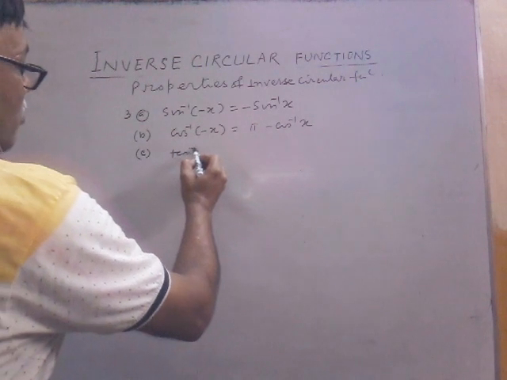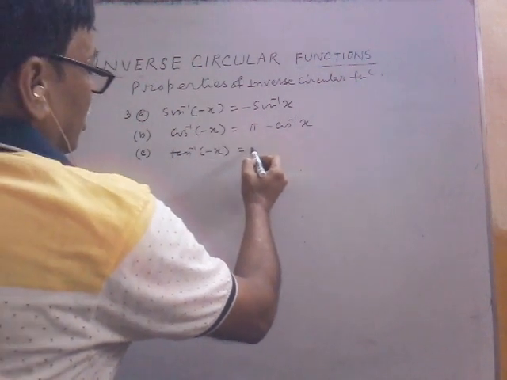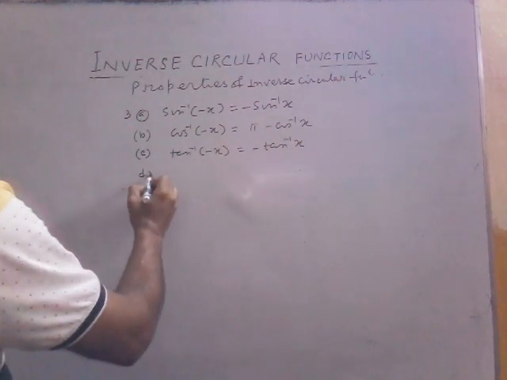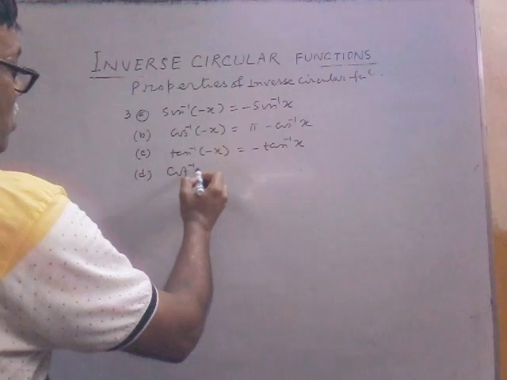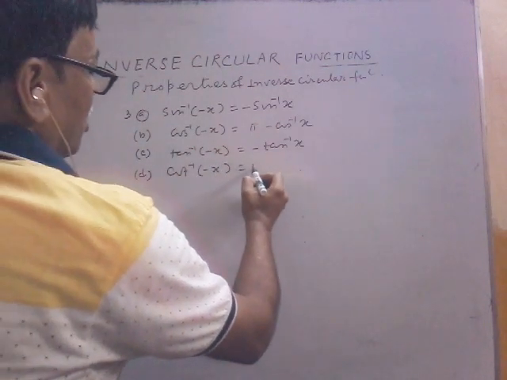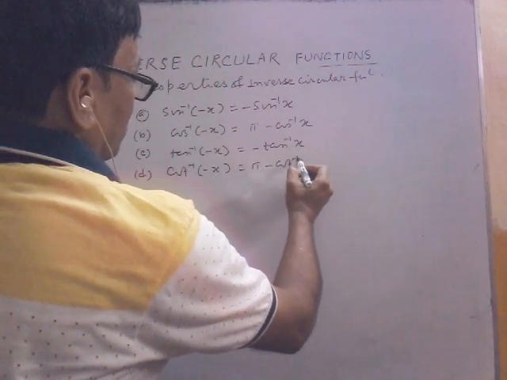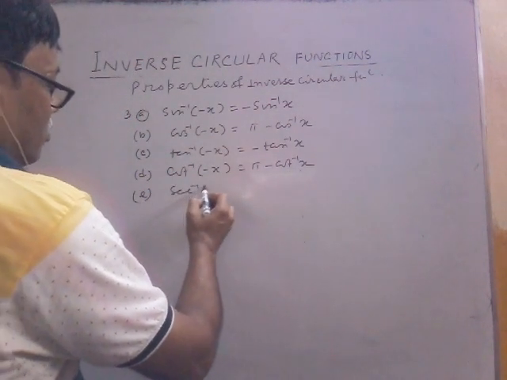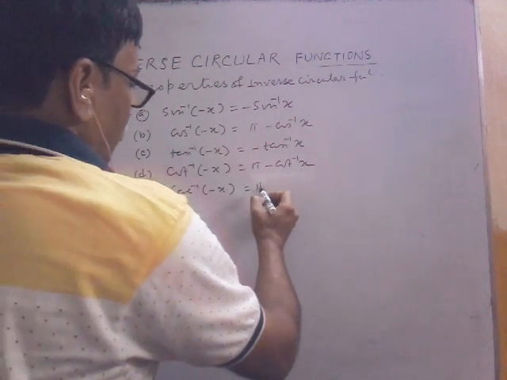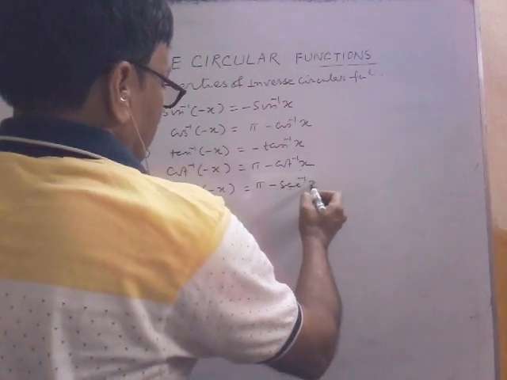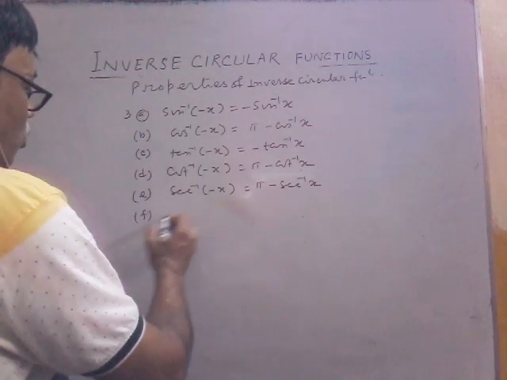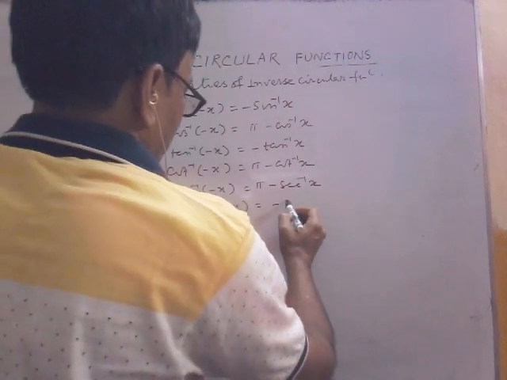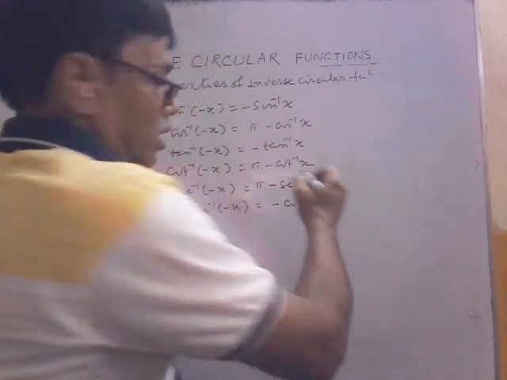Tan inverse minus x equals minus tan inverse x. Cot inverse minus x is pi minus cot inverse x. Sec inverse minus x is pi minus sec inverse x. Cosec inverse minus x equals minus cosec inverse x.